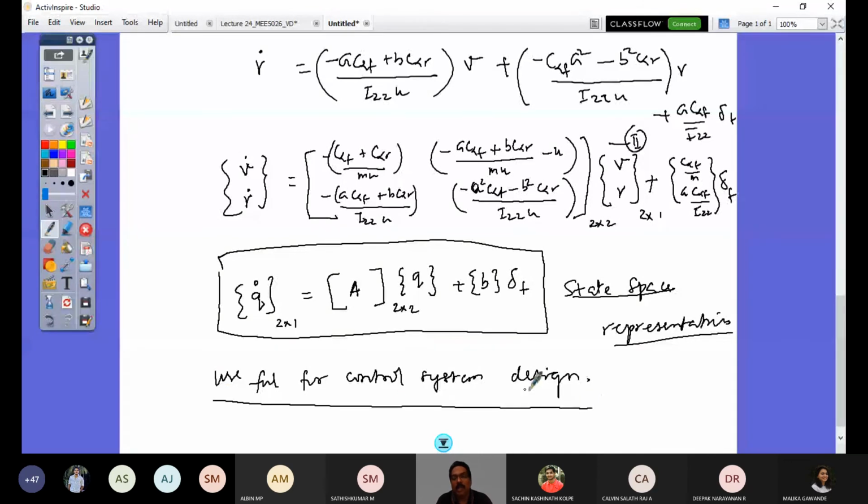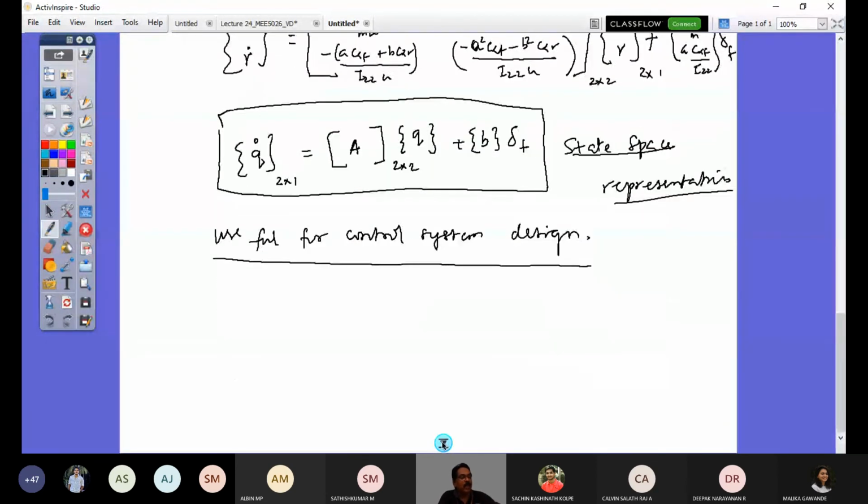Now, how is this equation useful? I can get my steady state responses from this equation. What are steady state responses?